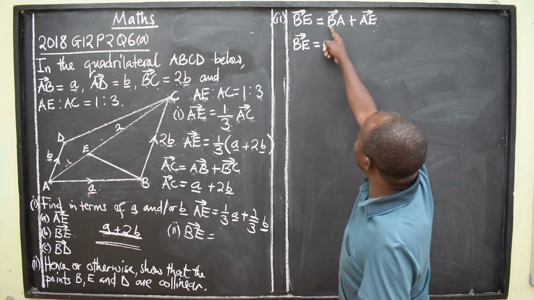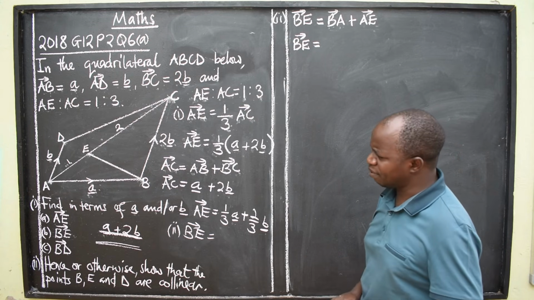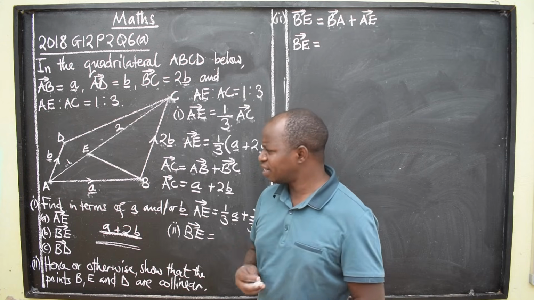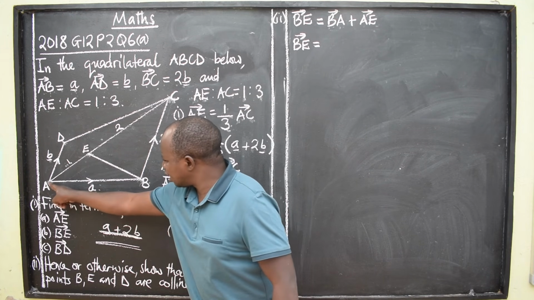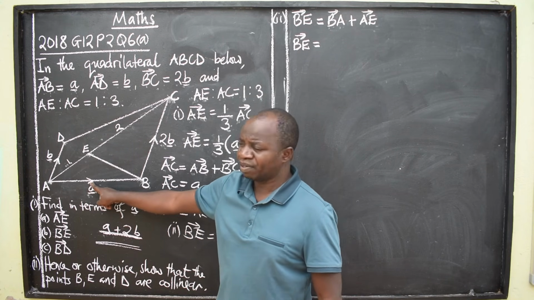will be equal to, what is our BA? Now, listen very well. I said vectors is about directions, right? What we have here is A to B. Look at the arrow.